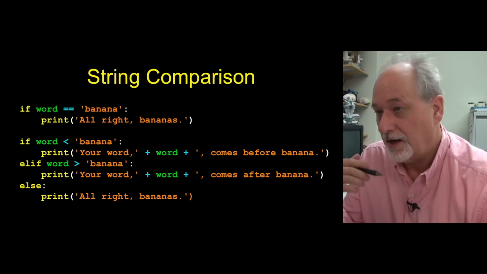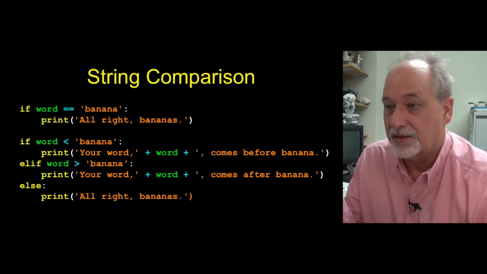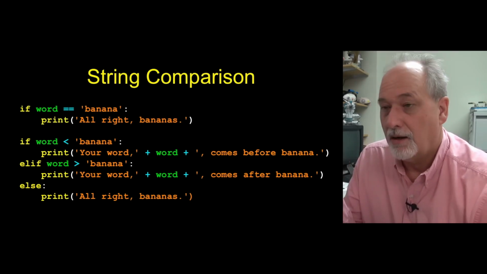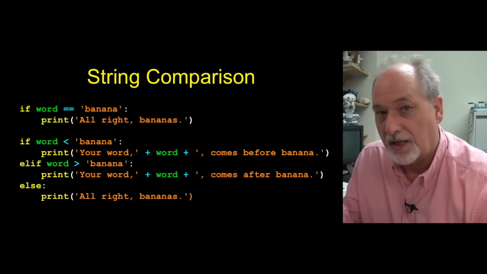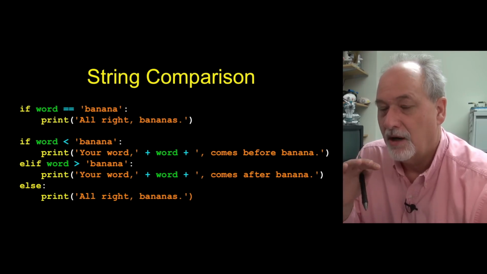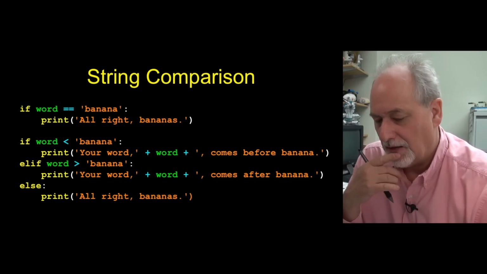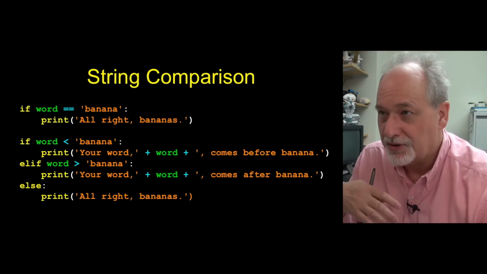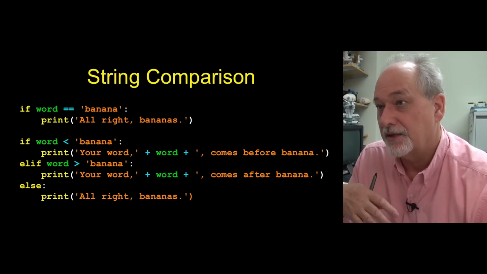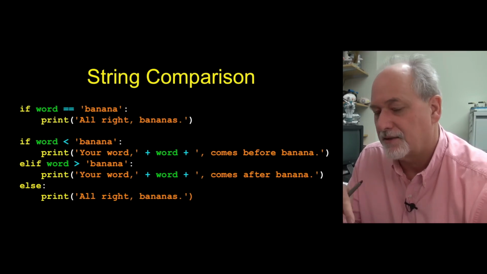With less than and greater than, you have to be aware of uppercase and lowercase, and things like whether punctuation sorts less than or greater than letters. That's kind of unpredictable, depends on the character set of your computer, and is something you just play with and figure out. If you're sorting by first name and last name, as long as the case is the same, it works.